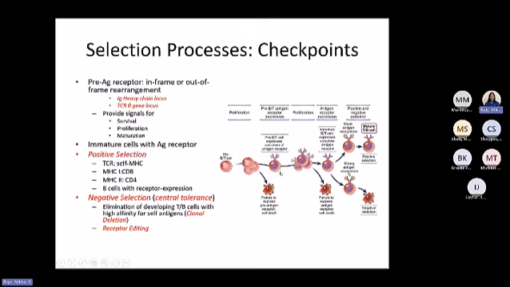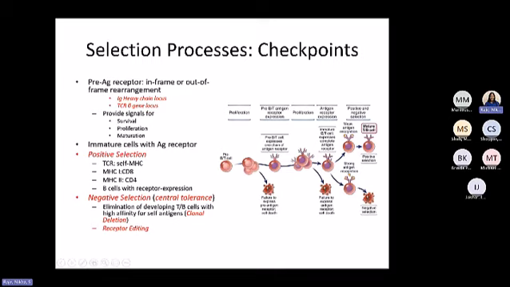Anywhere there is a checkpoint means that if the cell cannot pass that test, it's going to die. So if the pre-antigen receptor is not formed, it's going to undergo cell death. If it expresses the pre-B cell or pre-T cell receptor but cannot undergo signaling through it, it will again die. And once it passes the signaling test, it's going to mature.